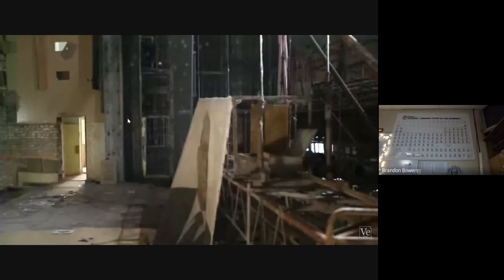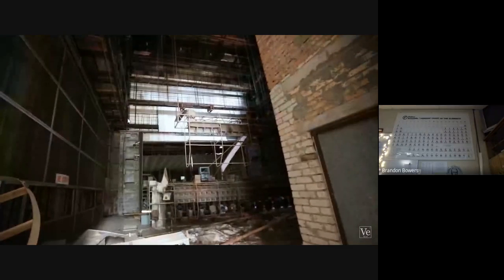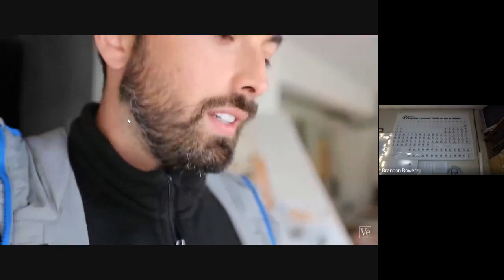And you're looking around at all the old lights and the layers upon layers of walkways they would have used. This is a pretty amazing location. This is my favorite place so far. Nothing radioactive. It's just an amazing look at the past of this place.